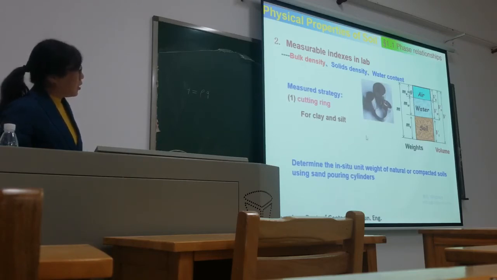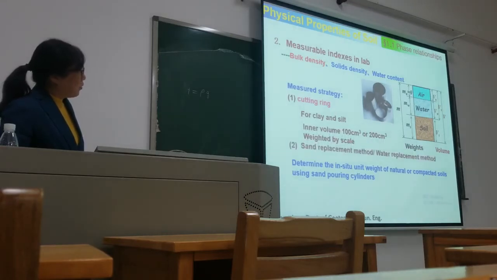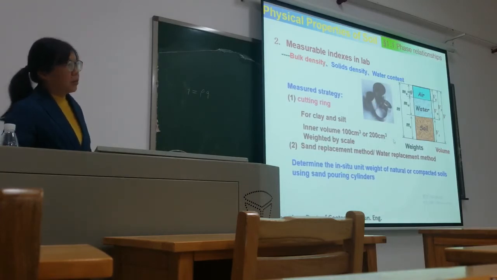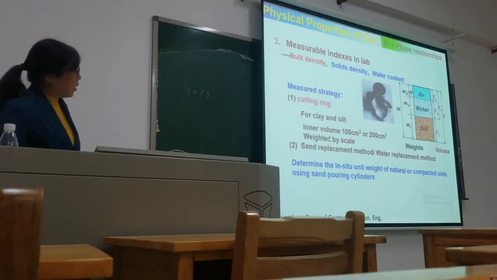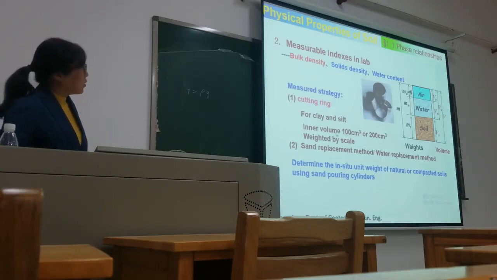The inner volume of the cutting ring is known, maybe 100 cubic centimeters or 200 cubic centimeters. So we can obtain the bulk density.